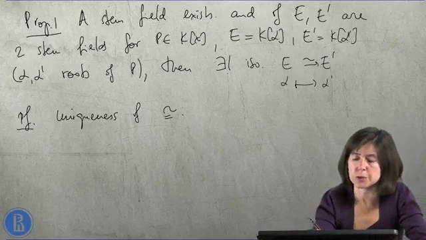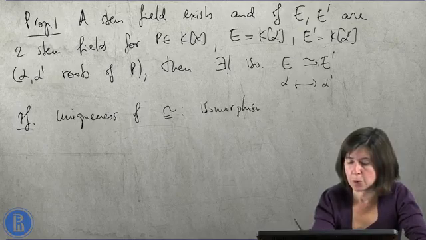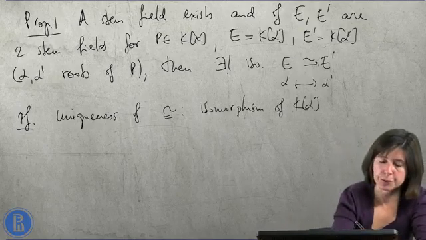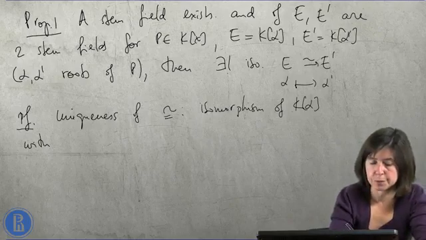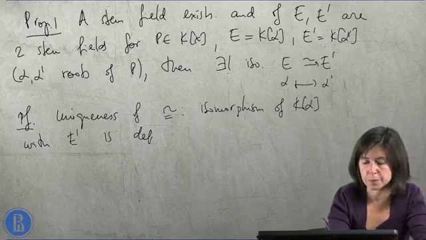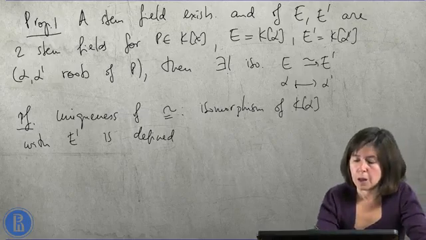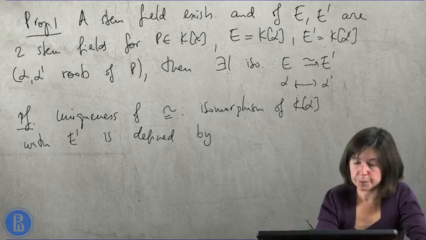It is easy since an isomorphism of K(alpha) with something else, with any field, well, let's say with E', is defined by the value it takes on alpha.